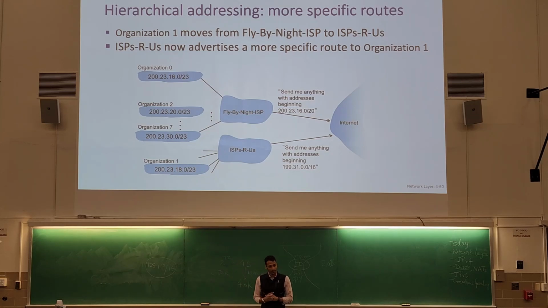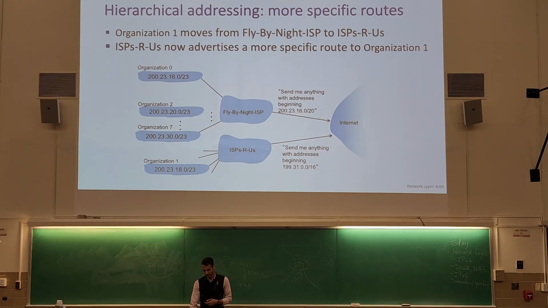If it owns the block, it can just keep the block. It doesn't have to renumber every single host in its network. It can just re-cable, connect to a router in ISPs R Us, keeping its address block.